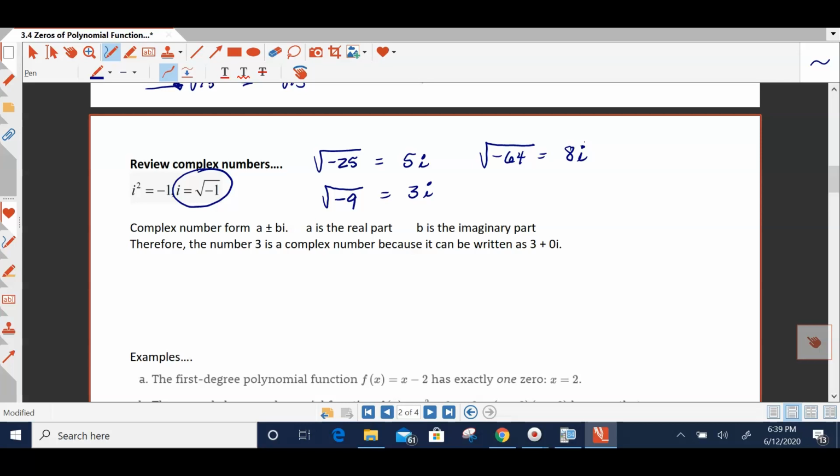When we write a complex number, there's a standard form where there could be a real part and then plus or minus the imaginary part. So actually, we could write the number 3 as a complex number because we could call it 3 plus 0i.